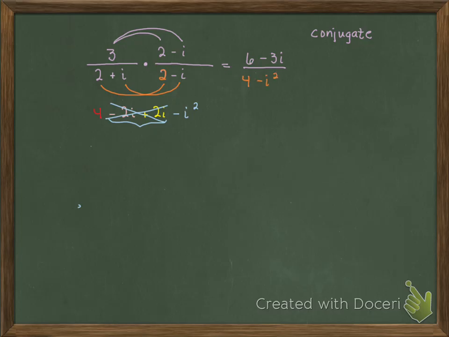All of that middle stuff doesn't matter because it will always cancel out by subtraction. So i squared is -1. So 4 minus a -1, and then, of course, minus a negative is 4 plus 1, which is 5.